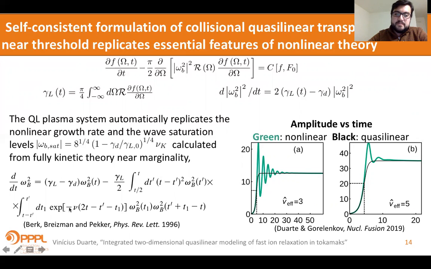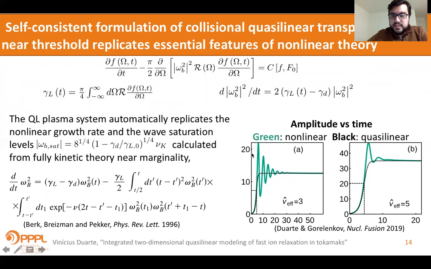That's a fully nonlinear approach near marginal stability, and it's a complicated equation because not only is it cubic in the mode amplitude in this last term, but it also involves time delays in the arguments of the amplitude. And not only that, it's an integro-differential equation.